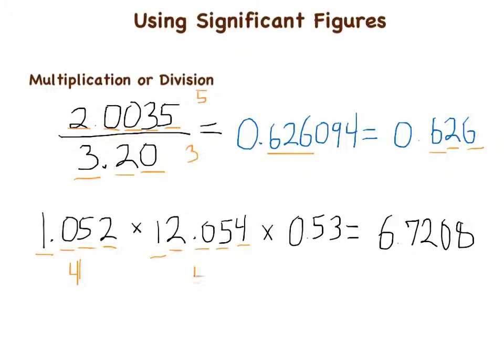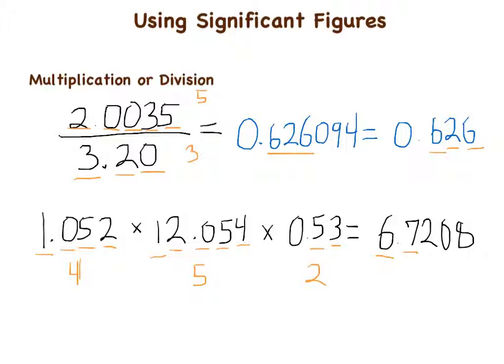If you don't know how I'm figuring which ones are significant, you should watch the previous video. And on this last one, 1, 2. So the least amount of significant figures is in this number, which is 2. So the answer will have 2 significant figures, which is going to be this number and this number.